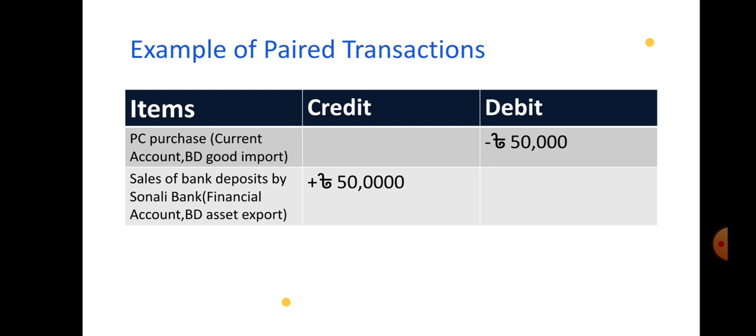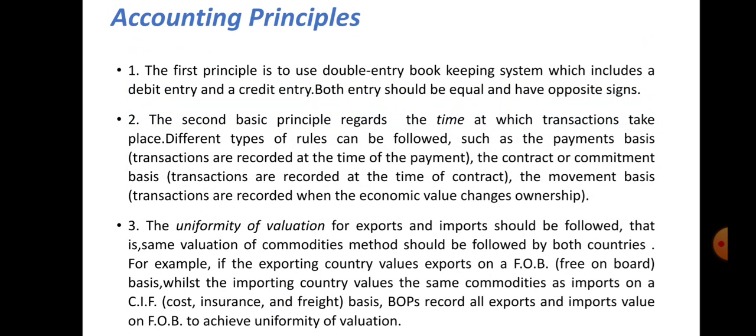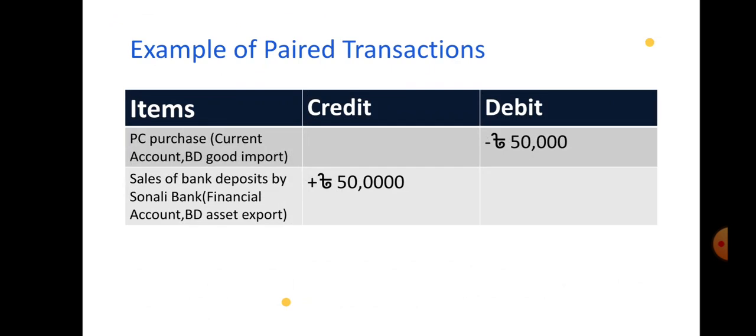On the other hand, the sale of bank deposits by Sonali Bank is in the financial account, and BD asset export, like if you export something to another country, it will be on your account as a credit.